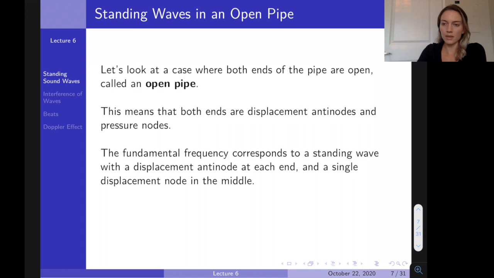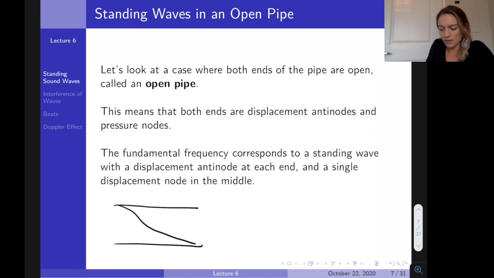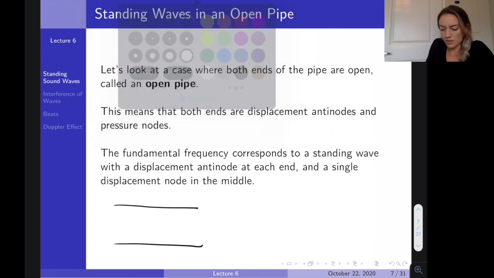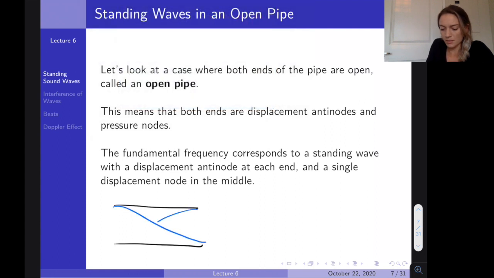And so we can think about this. Let's draw a little picture. So we have our open pipe here. It's open on both ends. So we said the end is going to be a displacement antinode, so it's going to look like this. This is my node here, and then I have an antinode and an antinode.